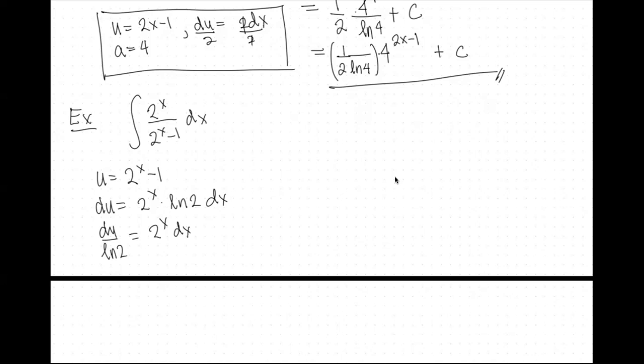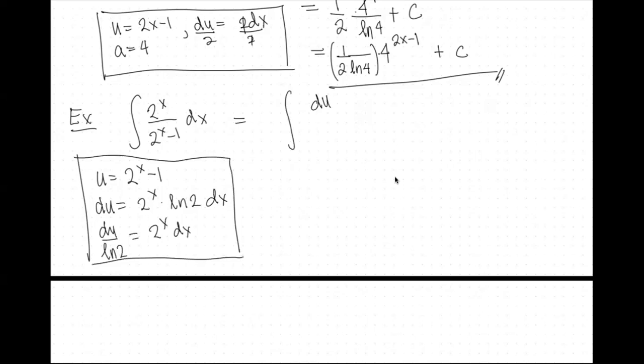So this is this part here. Okay, to make it nicer, you put it in a box, and then this 2 to the x dx is just du over ln 2. So du, again, I will put ln 2 outside because it's a constant, and then the denominator will be just u.